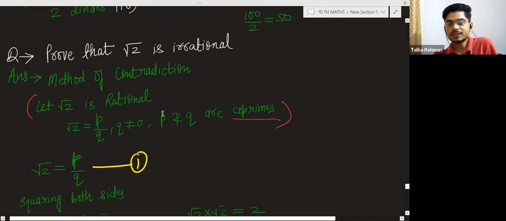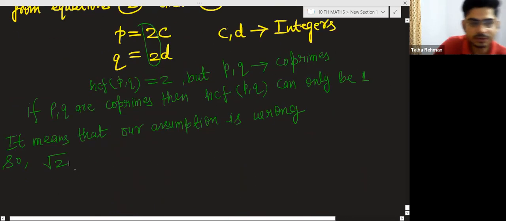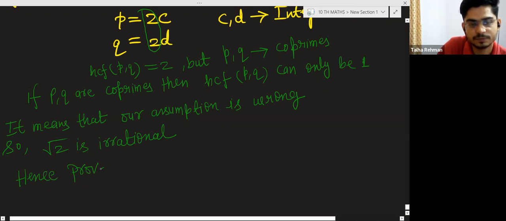So what is the right thing? The right thing is root 2 is irrational, and hence proved.